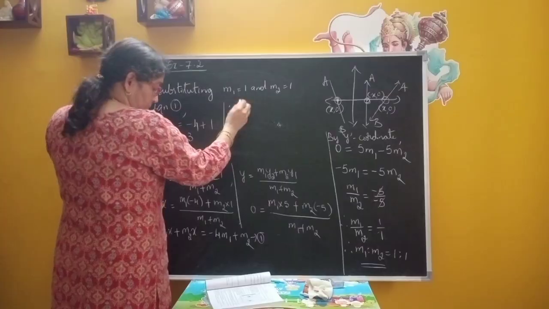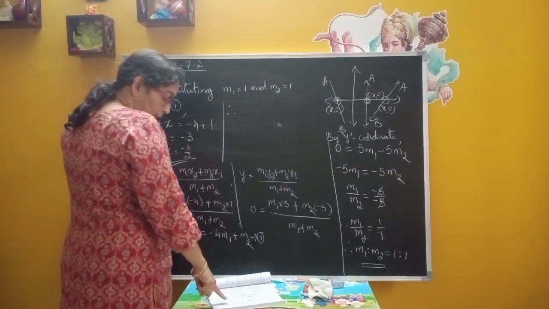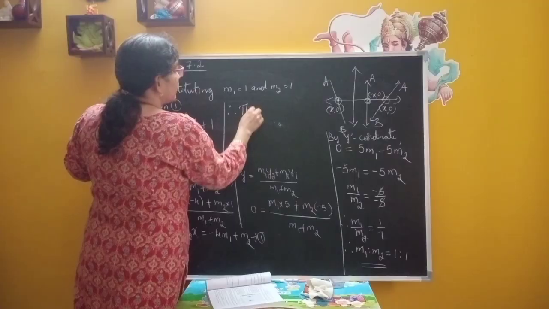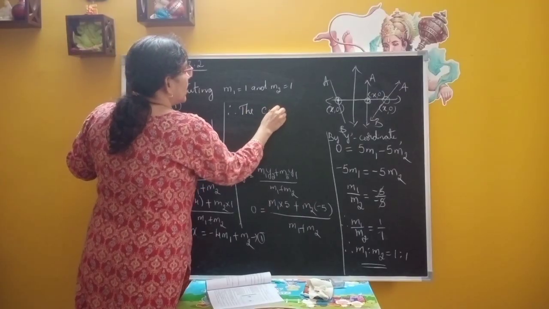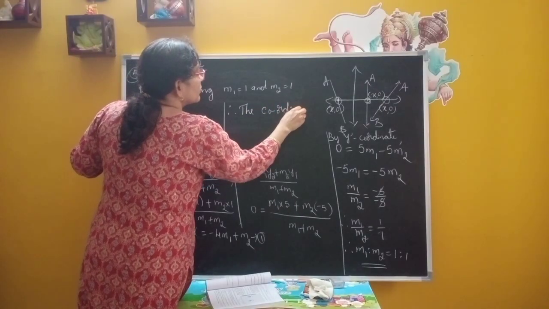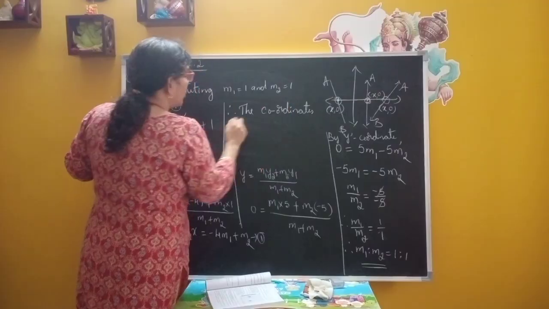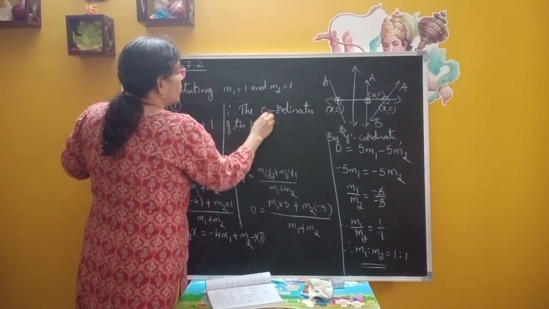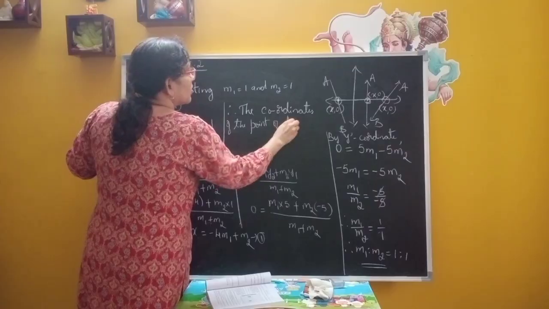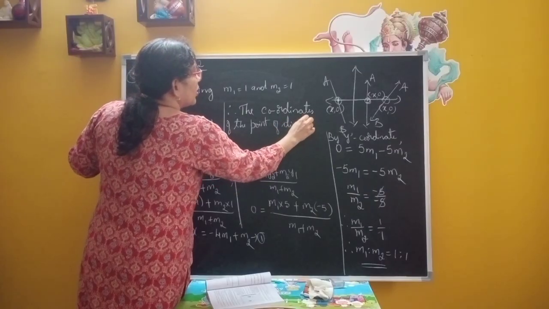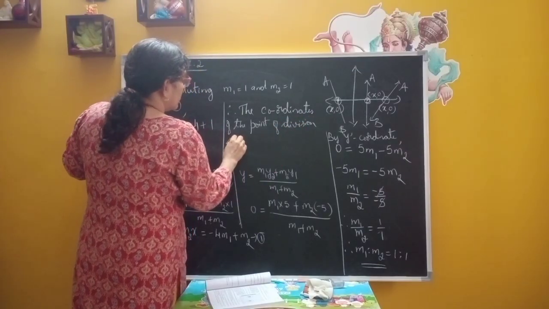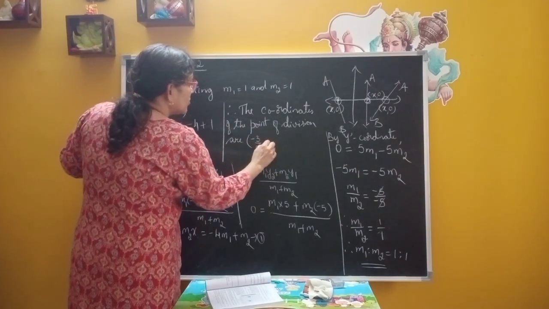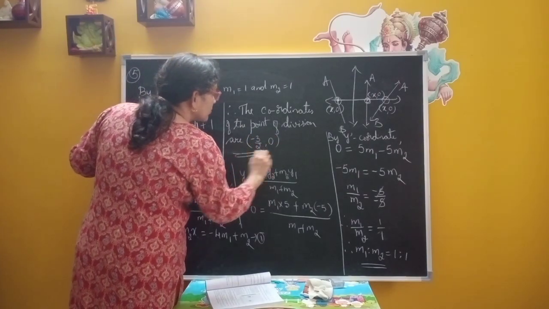Therefore, the conclusion: the coordinates of the point of division are (minus 3 by 2, 0).